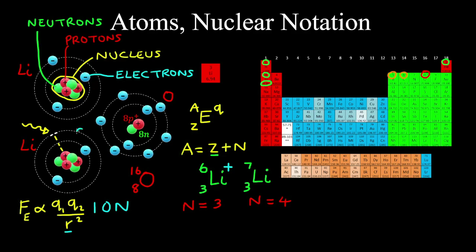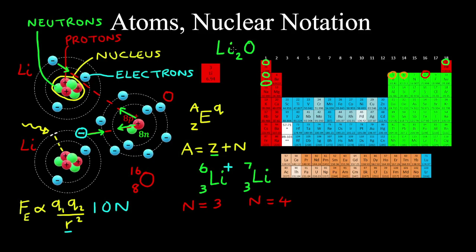So if we have 2 lithium atoms, then the valence electrons in a lithium atom are attracted to the nucleus of the oxygen atom. So these will be strong electrostatic forces, and therefore these atoms bond to create an ionic compound. So in this case we have 2 lithiums and 1 oxygen, and this compound is called lithium oxide.